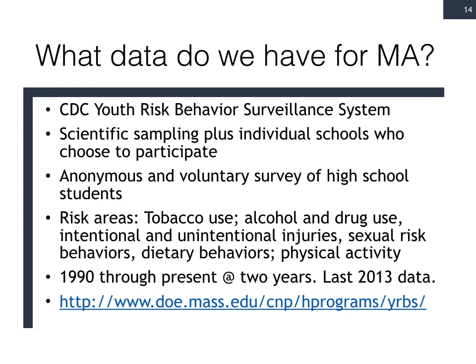Some of the risk areas that they look at are things like tobacco use, alcohol and drug use, intentional and unintentional injuries, which can be an indication perhaps of suicidal intentions, and sexual risk behaviors.